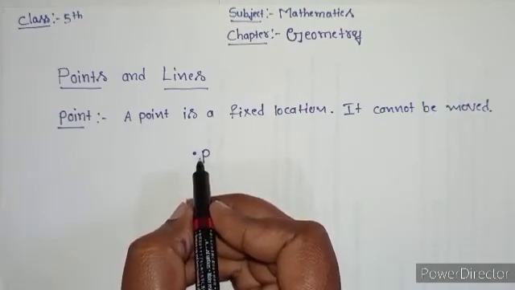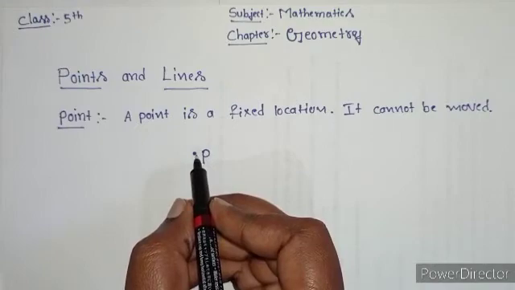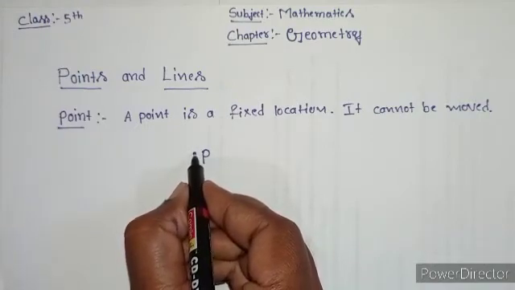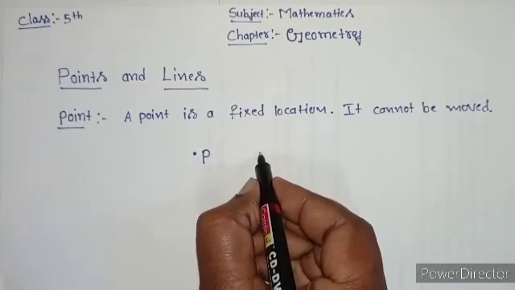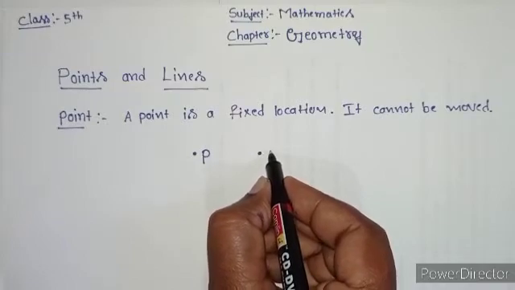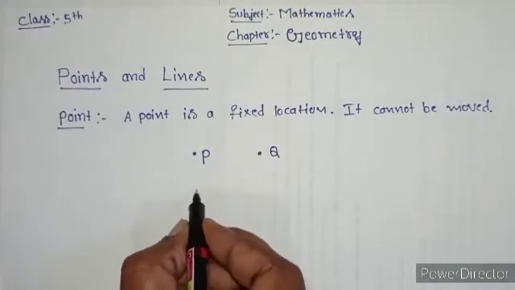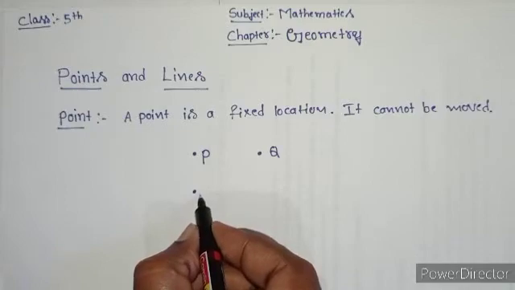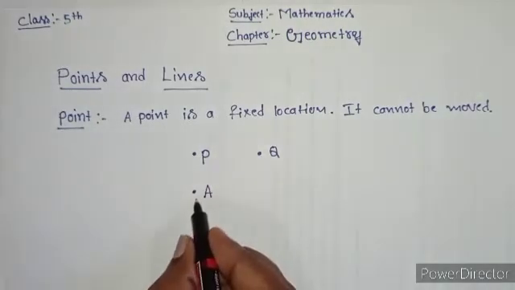The capital letters of the English alphabet are used to show different points represented by dots. Here, this dot is one point, and we represent it as P. Here is another point, and we represent it with Q. Here is one more point, and we represent it with A. Like this, P is one point, Q is one point and A is one point.